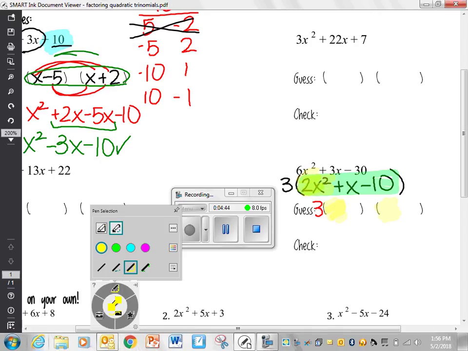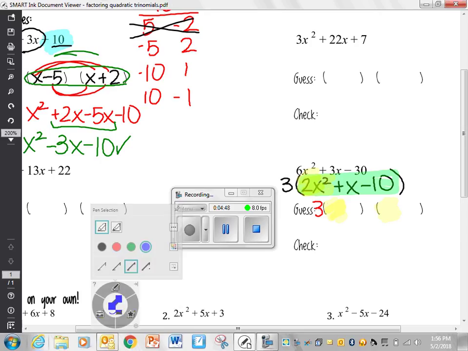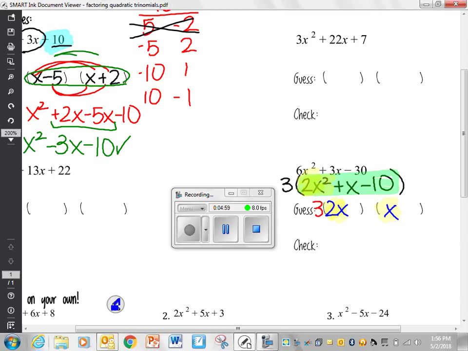Well, there's only, once again, two things that multiply to 2x squared. That would be 2x and x. So you shouldn't have to change those two numbers because those are the only things that work. If there's more than two things that work, then you might have to guess and check with those as well. Funny enough, we have negative 10 again that we need to multiply to.